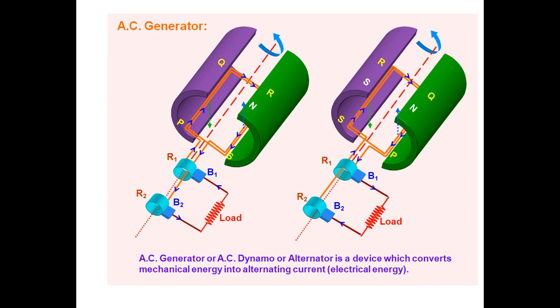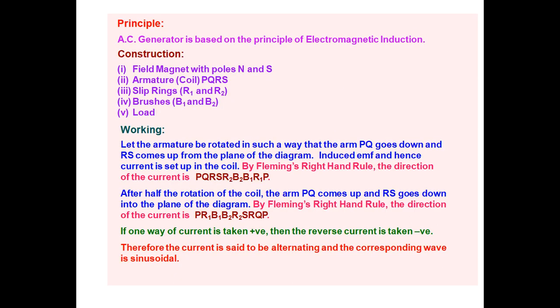to the negative direction. The negative direction increases and after that decreases up to 0. And here let the armature be rotated in such a way that whenever PQ goes downside and RS comes up from the plane of the diagram, then the induced EMF, and hence the current, is set up in the coil.